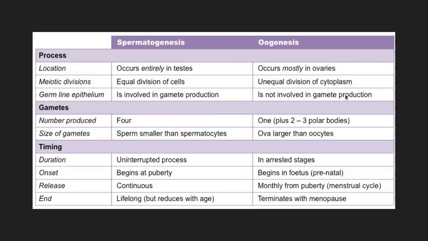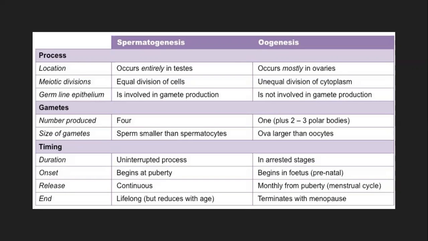So I had one more question about this. When the baby is still in the fetus form, then oogenesis begins, right? And it forms some cells, like it forms oogonia.